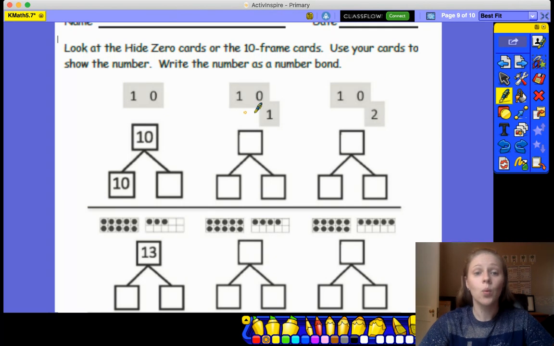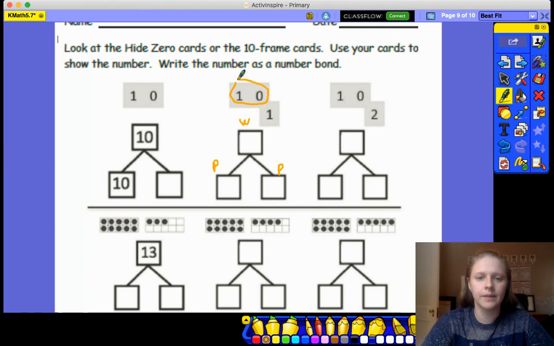All right, friends, we are going to build our number bonds just like we did before. We're going to put the whole at the top and the parts at the bottom. All of your number bonds are lined up exactly the same way today. Easy peasy. What is the whole? Oh, it's not 10. Let's start with our parts and see if we can figure out the whole. What is one of our parts? I'll circle it for you.